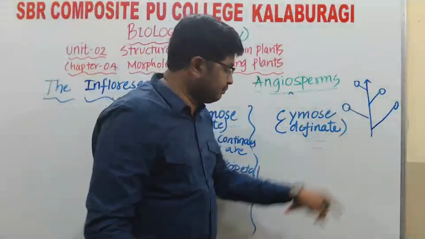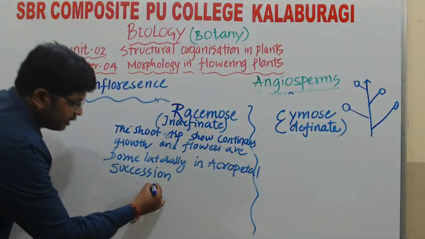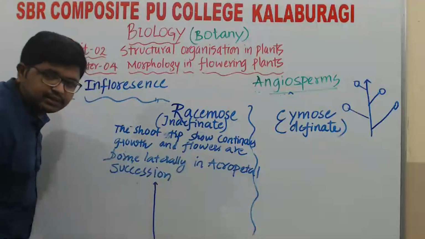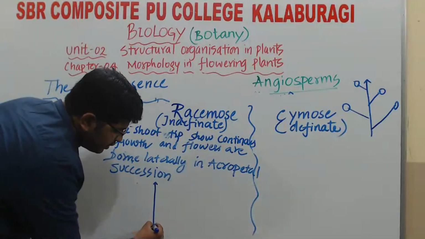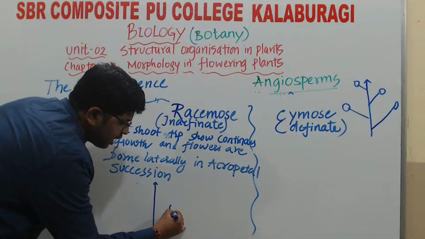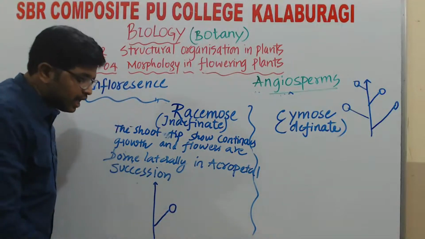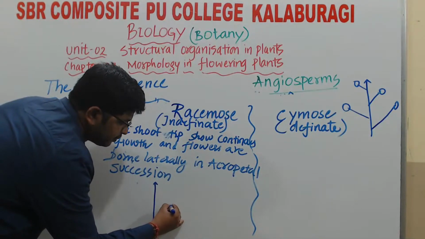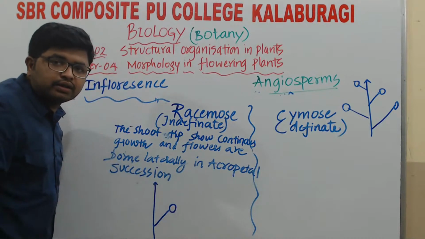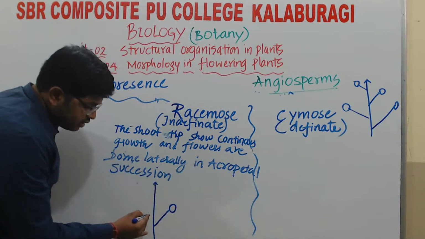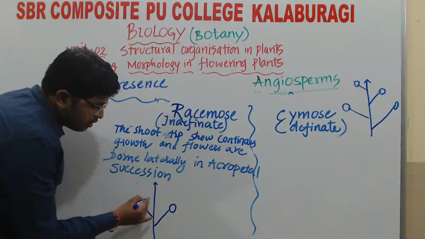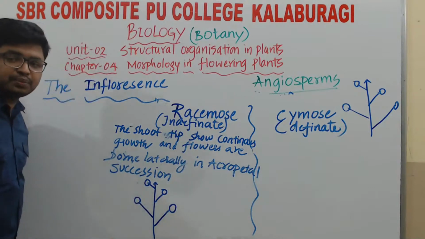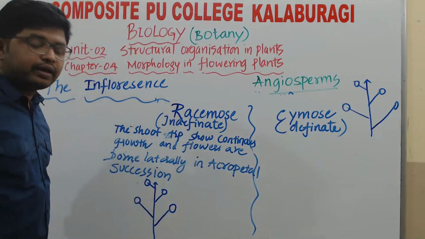Here in this diagram, if this is the axis, the peduncle, you will see that the larger or older flowers are at the base, and the smaller or younger flowers are at the apex. Such an arrangement we call acropetal succession.